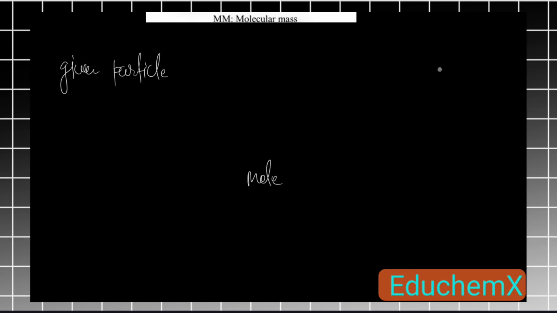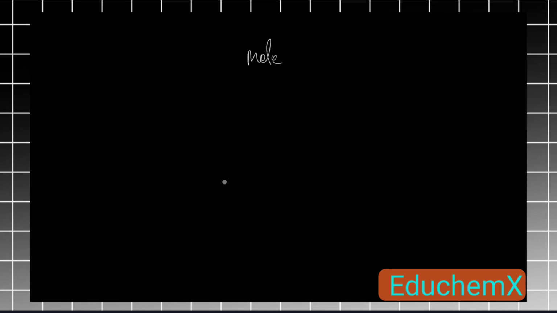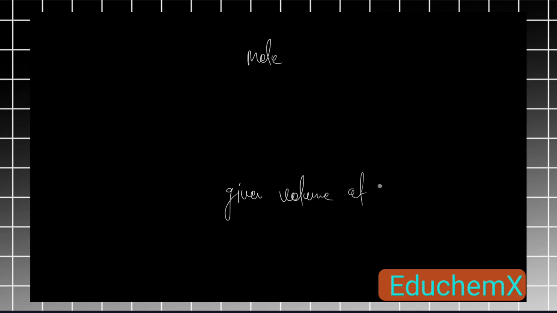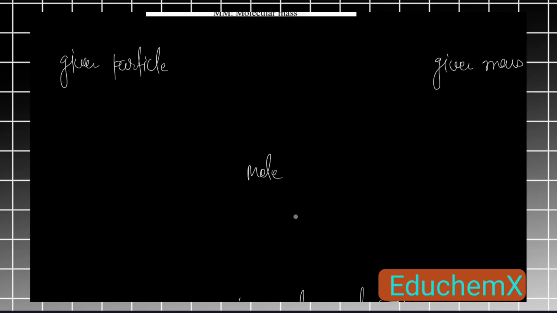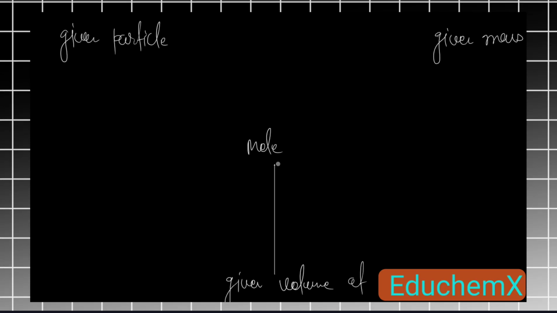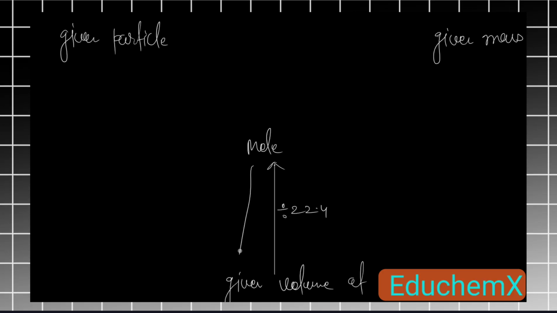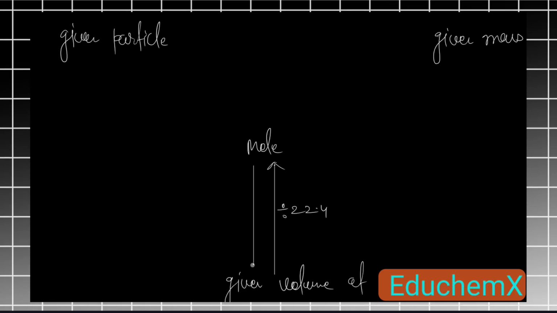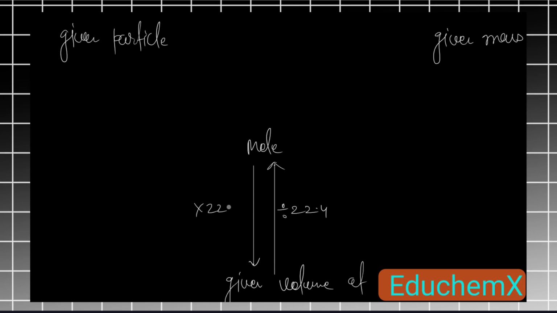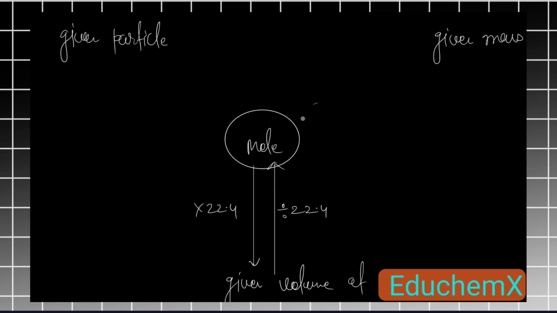So when you want to relate all these formulas, there is one formula in a Y-junction type form. Here I have given only two things, but you can also relate them in the circle form. We have moles, which we have to find. We have the number of particles, given mass, and given volume at STP, right? When you have to find the moles from the given volume at STP, you just divide by 22.4 liter.